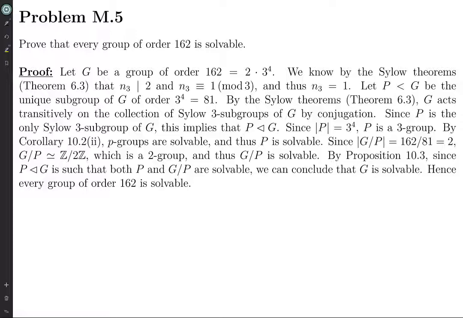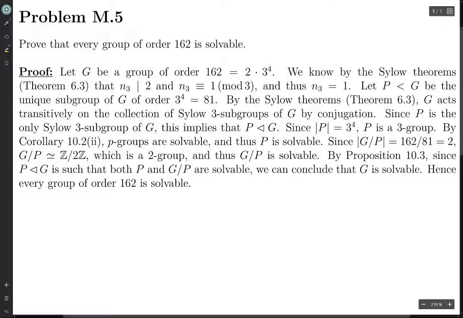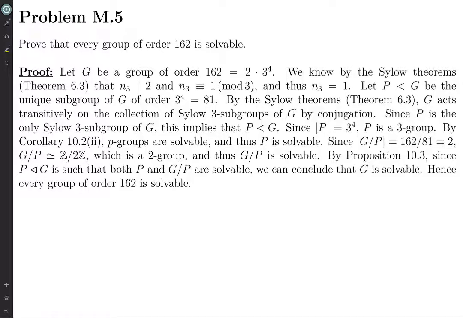And then we know that G acts transitively on the collection of Sylow 3-subgroups by conjugation, and that's true for any prime. Action by conjugation is transitive.